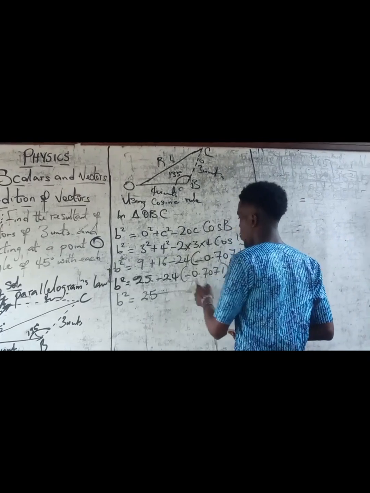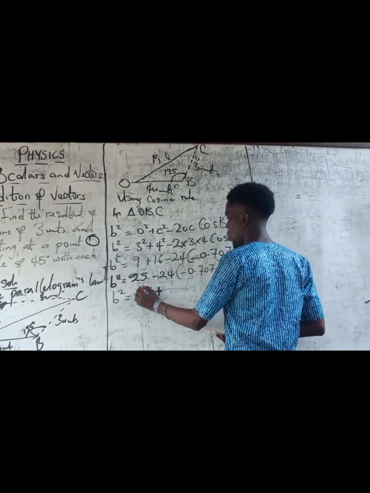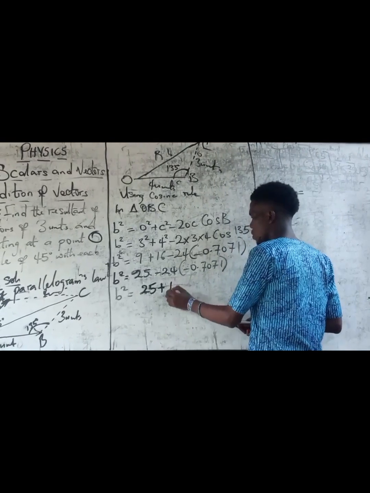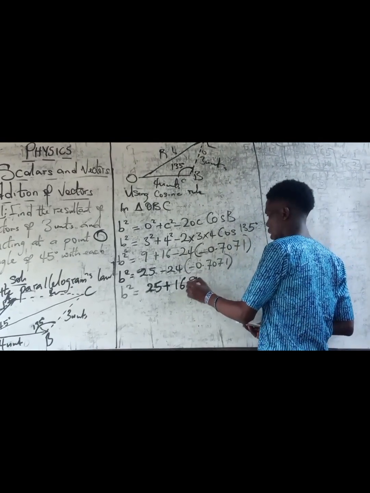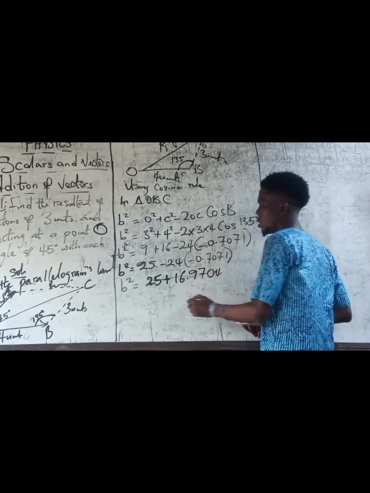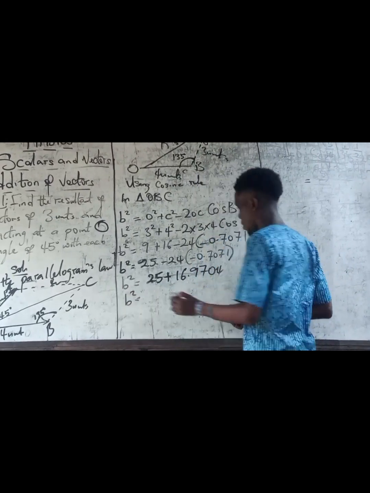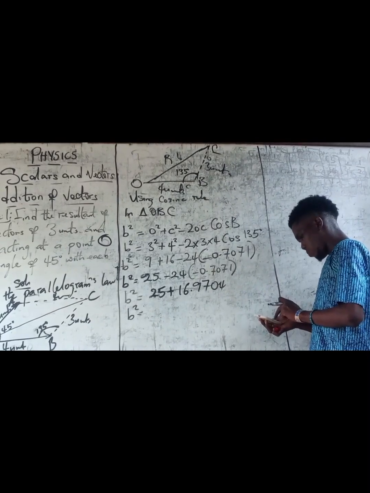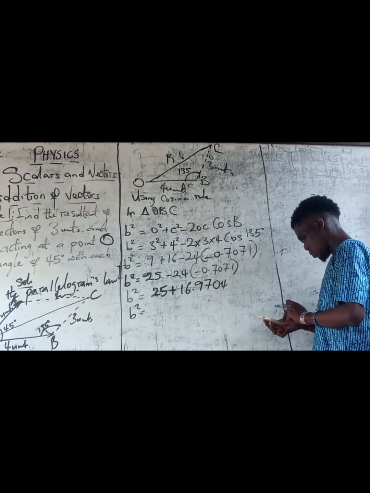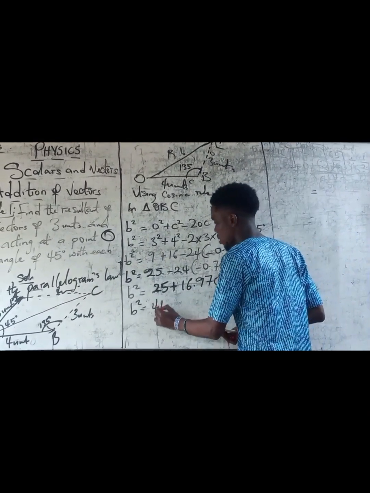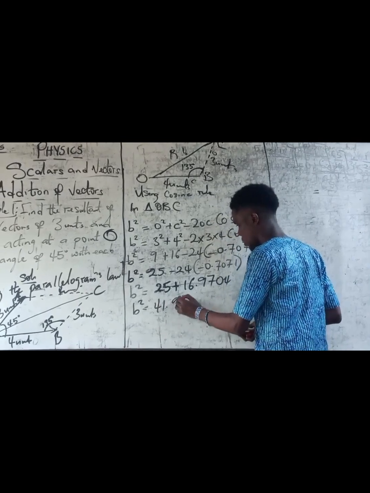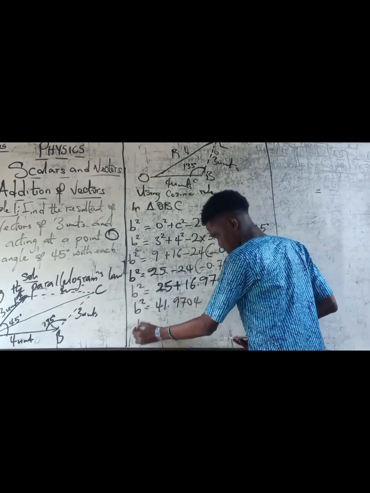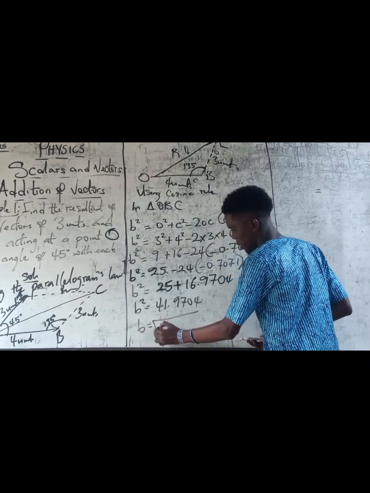So when you multiply this together, we have 25 plus 16.9704. When you add this together, that gives us 41.9704. So we have to find the square root of this.